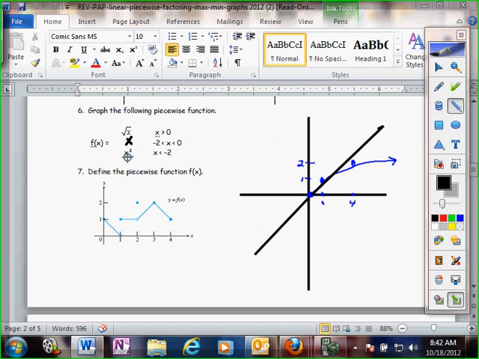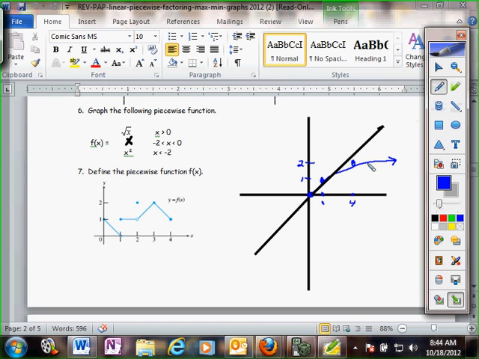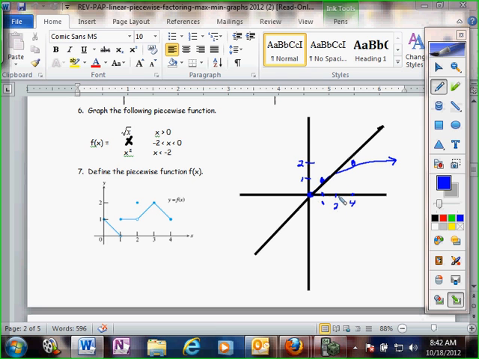Okay, and then x squared, it has 1, 1. It has 2, 4, and -2, 4, and -1, 1. So it has these points on it. And it looks like that.